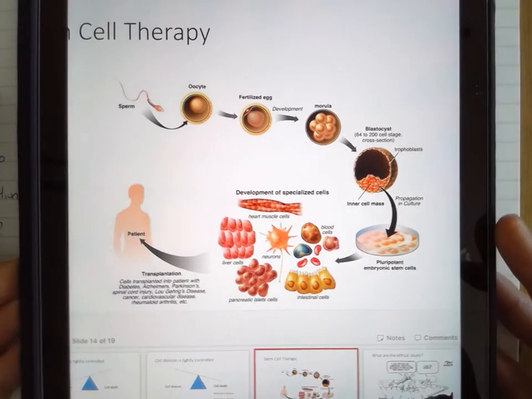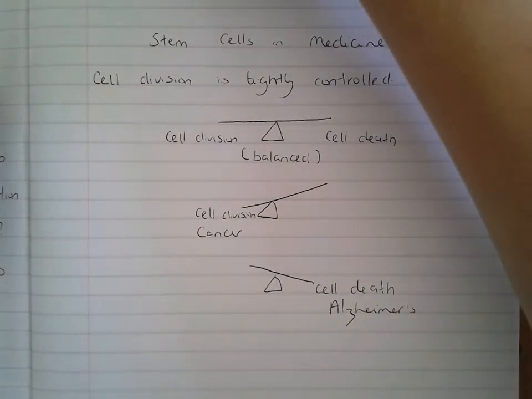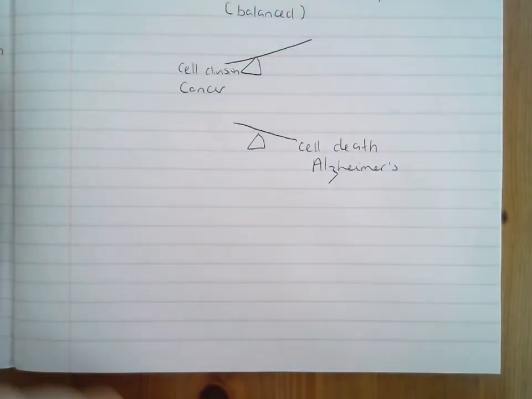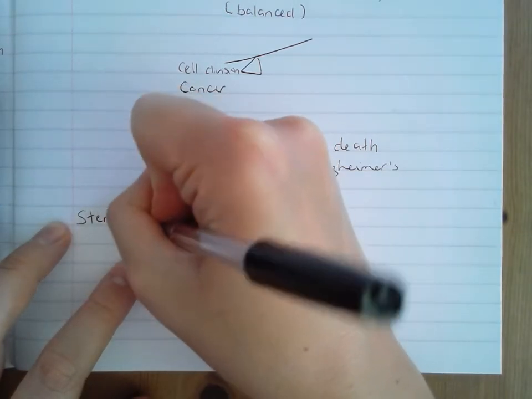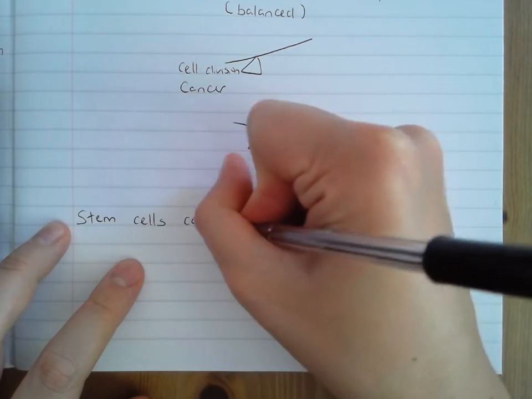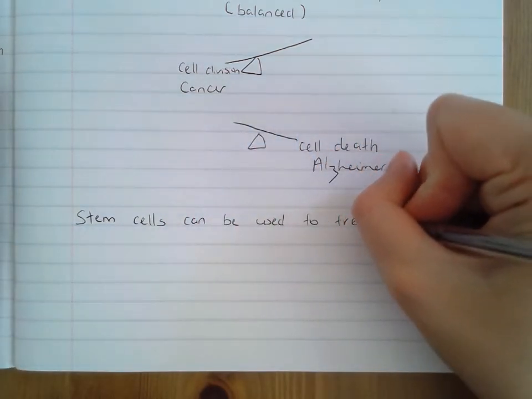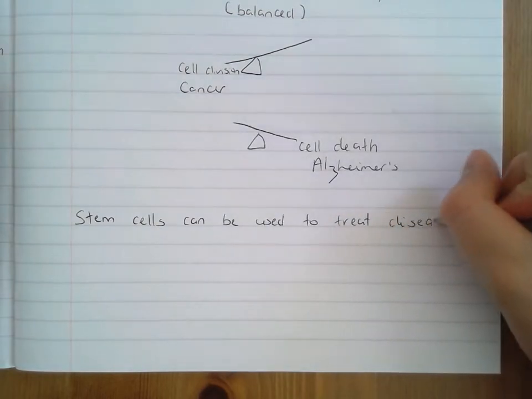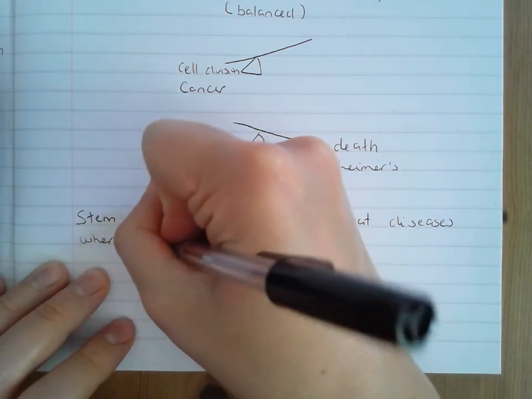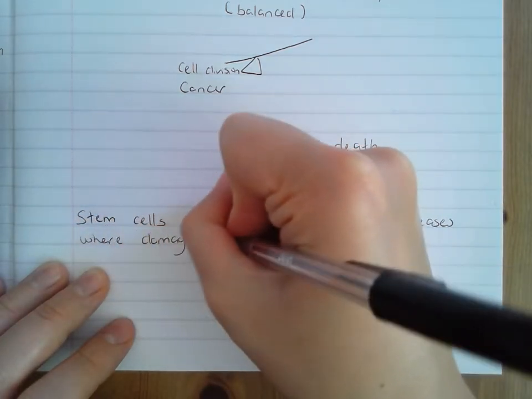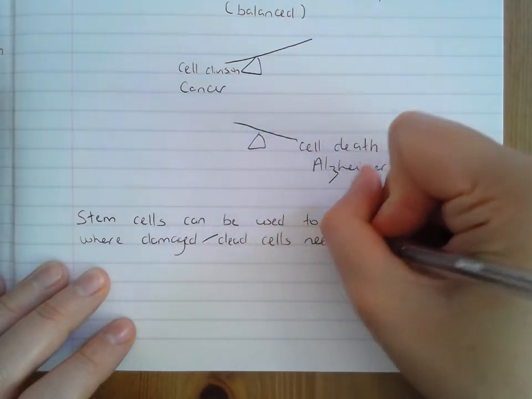So we're going to jot down just a few notes on that so we've got them in our book. Okay. So I'm going to write under here, stem cells can be used to treat diseases where, I'm going to say, damaged or dead cells need to be replaced.